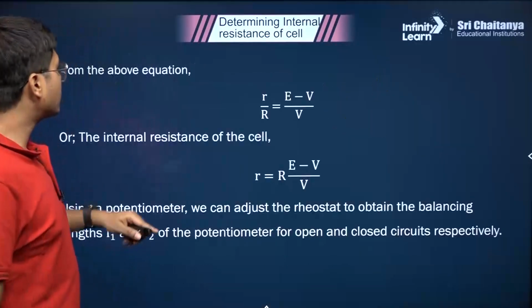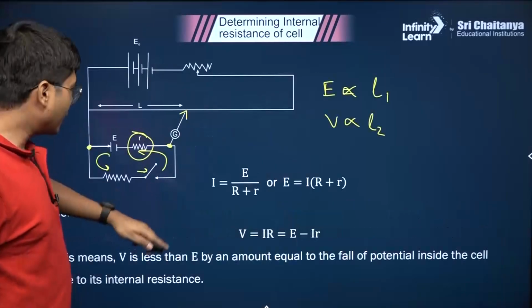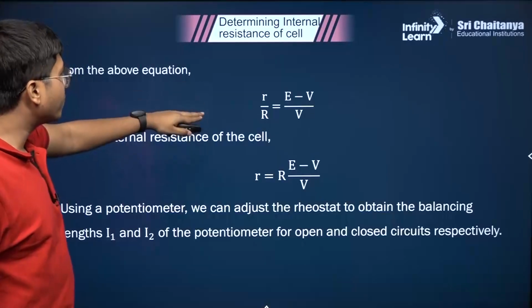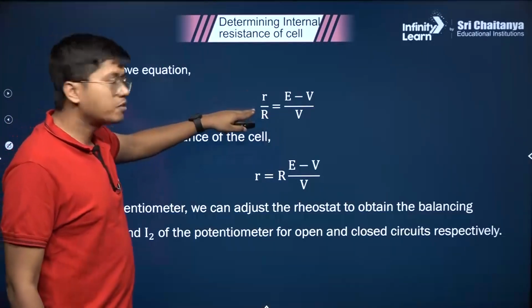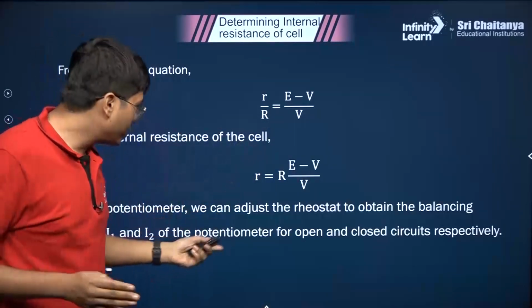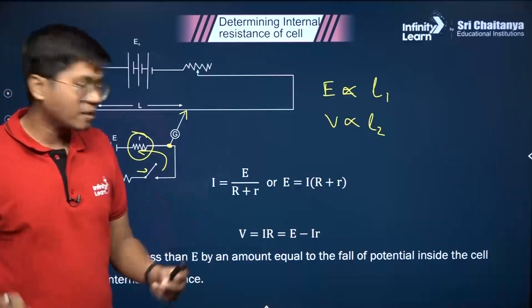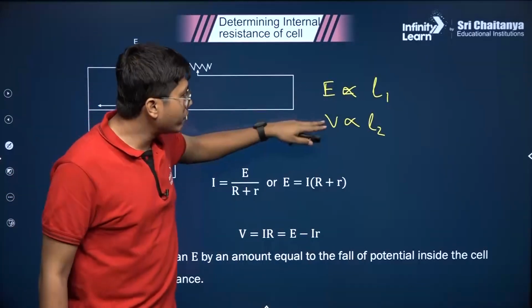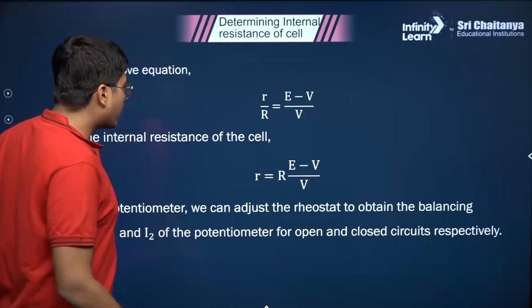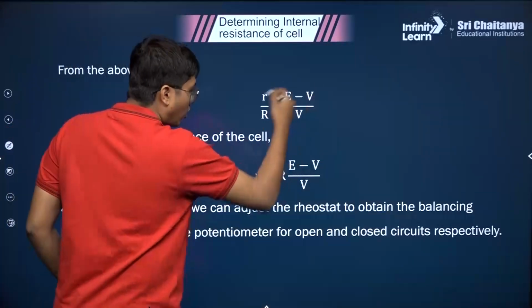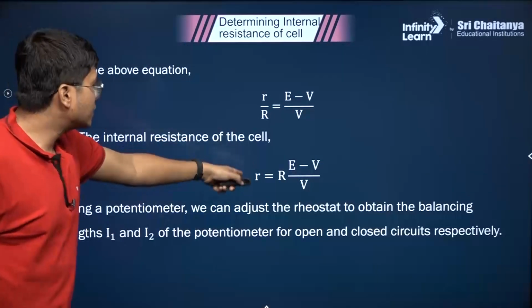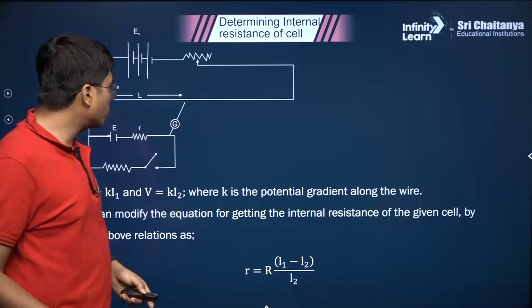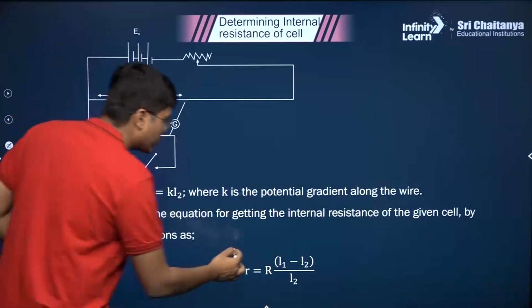If you just rearrange these terms a bit, you get (E minus V) by V is equal to small r by capital R. It's just simple switching. I'm not going into the details, basic maths here. But you see that E is proportional to L1 and V is proportional to L2. That is why on this side you can replace E and V with L1 and L2 to get your final relation as this.